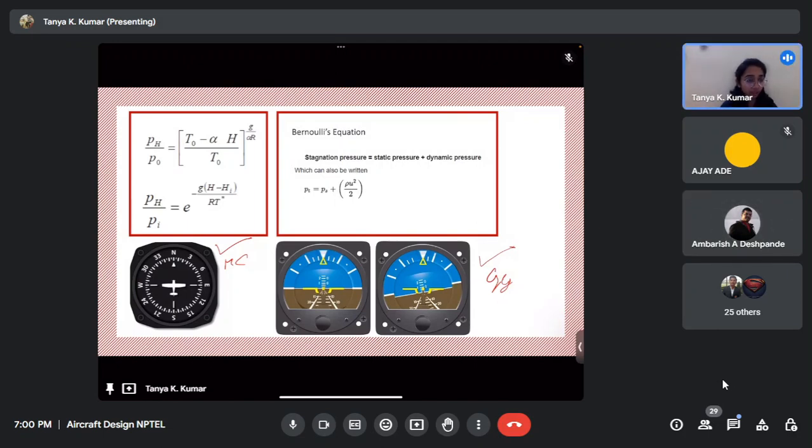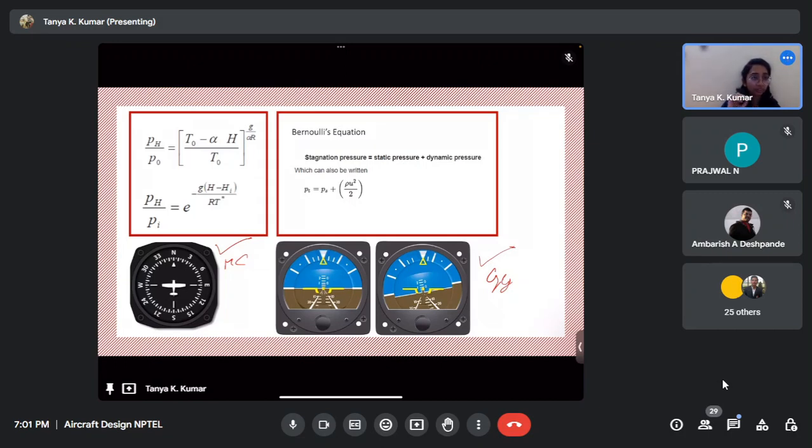C M naught. Okay. Any other answers? Delta E is the elevator deflection. So one thing, let me just clarify it. The control surfaces, the control angles, all of them do not contribute towards stability in any way.